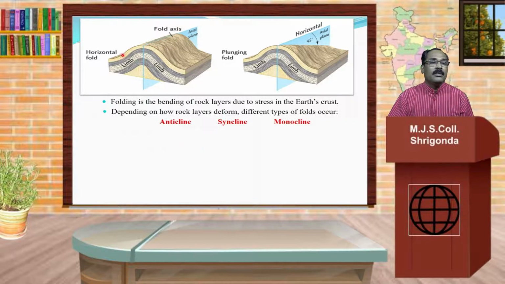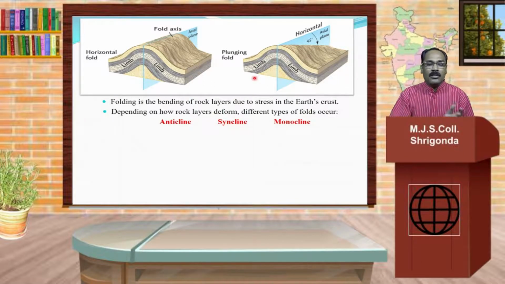Here are the horizontal folds, and here the plunging folds, which are not horizontal. Here it is level, and there it declines, so it is called a plunging fold.